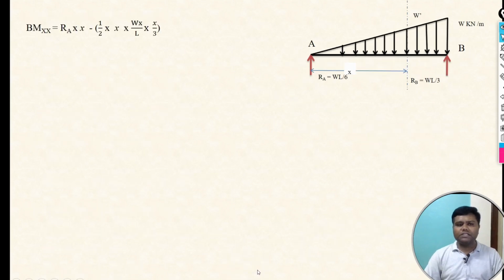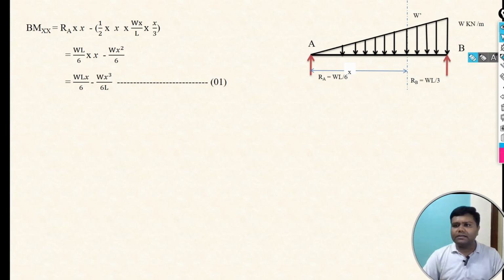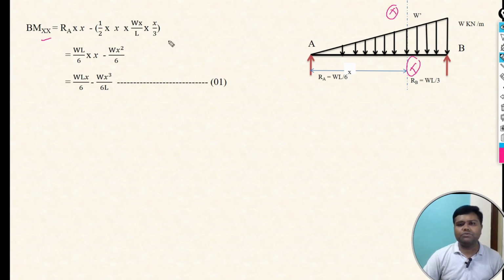Now after that, just calculate the shear force. We know the shear force is 0 at the x distance, so directly we can calculate the bending moment at that particular section. Mxx is equal to RA into x, because the perpendicular distance of that RA is x, so RA into x is the first moment.